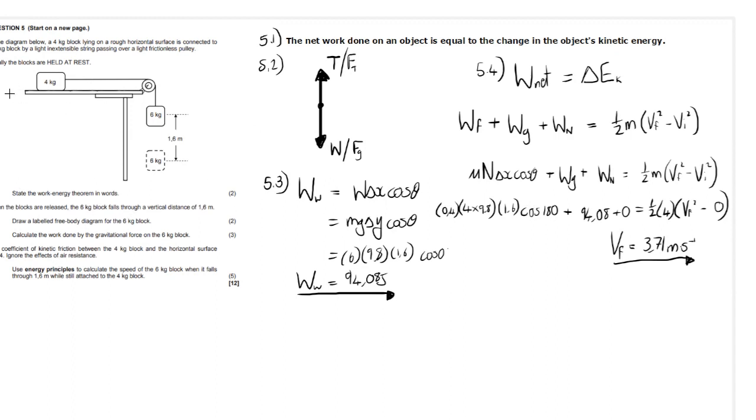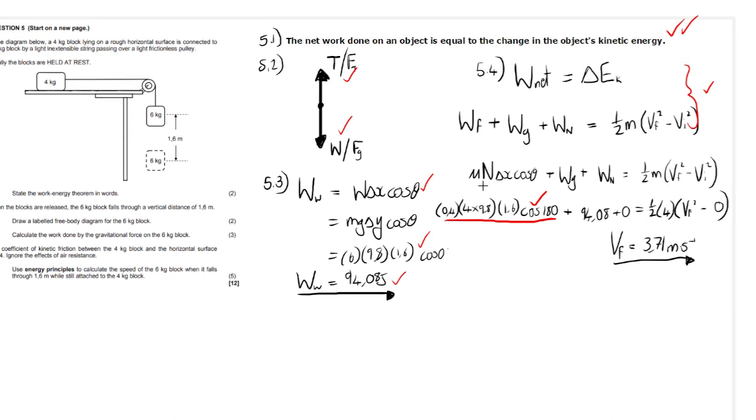Wonderful. Okay, marking allocation. Let's have a look. There are 2 marks for the definition, 2 marks here, one for each value. The third question, 5.3, was 3 marks: formula, substitution and the answer. 5 marks here finally would be for the formula, any one of these should be fine. And then we have 1 mark for calculating the work done by friction.